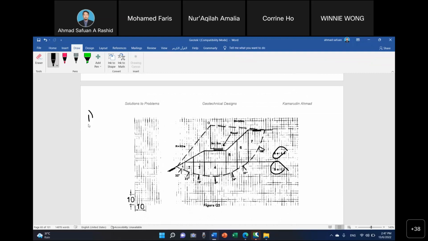As I told you previously, the alpha is very important. Besides that, you need to look at the failure plane. For the failure plane, you need to make sure that it only covers one type of soil only.